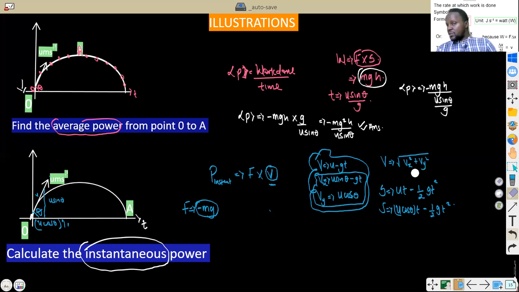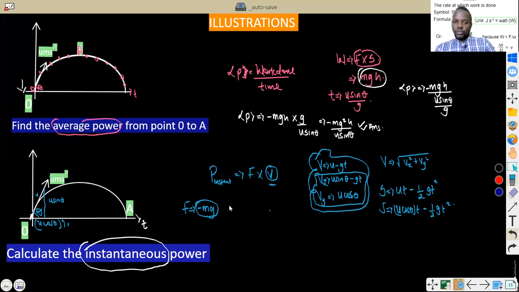That is why I'm doing this. You understand that now? So if the force is this, we are multiplying the answer. You know why I'm putting negative? Because it is going against gravity. And velocity is now the addition of this one squared plus this one squared. So you expand that and go over the square root. You get the answer. You multiply it by this. This is the answer to the question for instantaneous power. So I'll leave it for you guys to do.